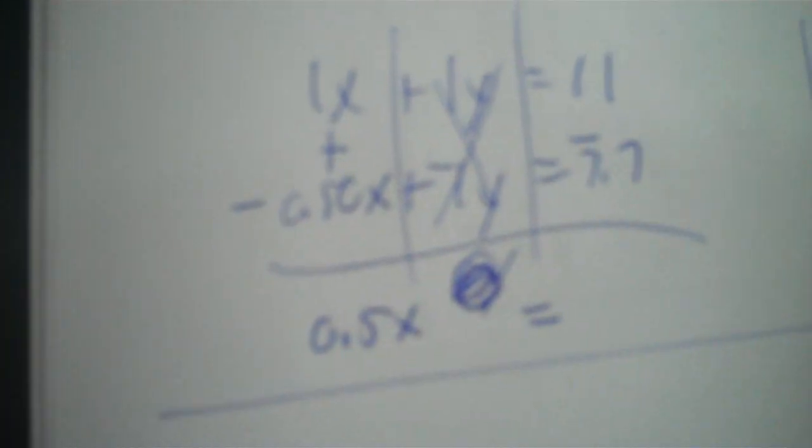So 1 plus negative 0.50 is 0.5x. 11 plus negative 7.7 is 3.3. So divide each side by your 0.5. That's going to be 6.6. So now looking at the x, it's 6.6 quarts at the 50%. Then 11 minus 6.6 is going to be 4.4.